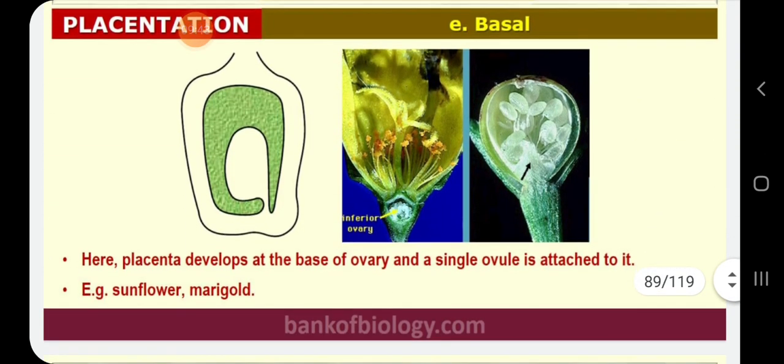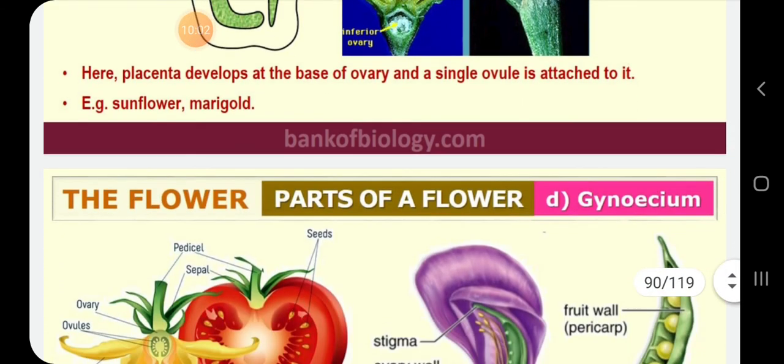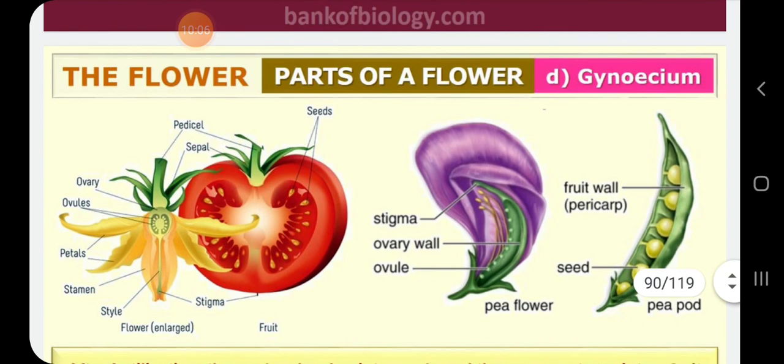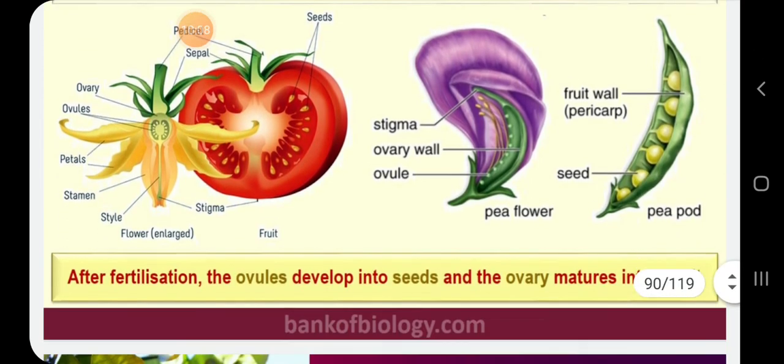Basal means the placenta develops at the base of the ovary and a single ovule is attached to it, for example sunflower and marigold. So these are the parts of the flower, the gynoecium, in which the fruit will be formed.